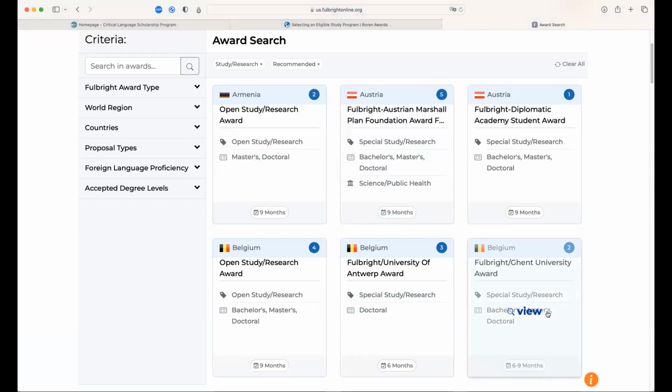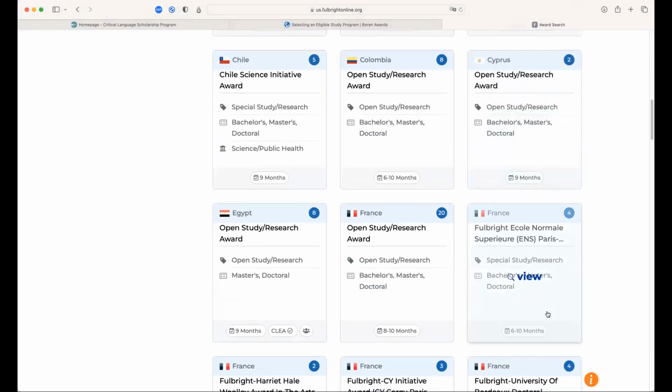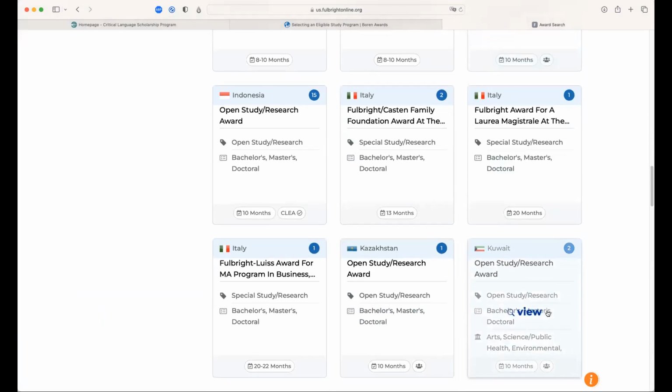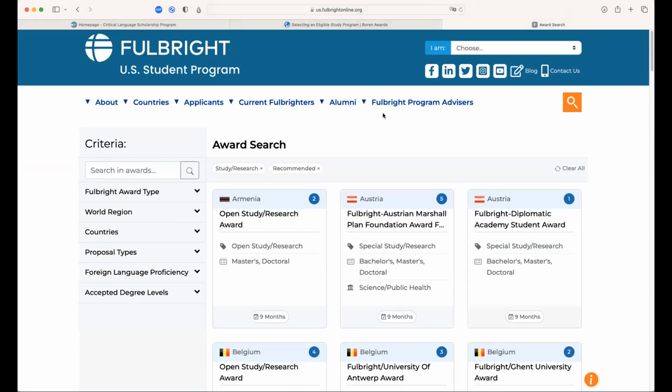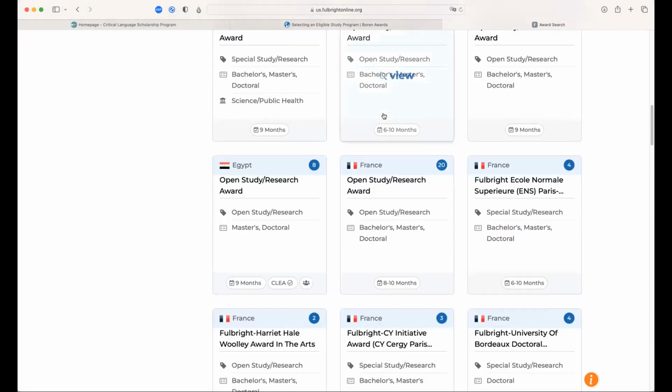And we look through this and we see, okay, Armenia, Belgium, Chile, Colombia, Egypt. All right, so we've got a lot of choices here. But let's say that your particular interest was to go to France. Now, you may be noticing that there are some numbers next to here. That's the number of student awards available for that country. 8 for Egypt, 20 for France, 20 that are open study.